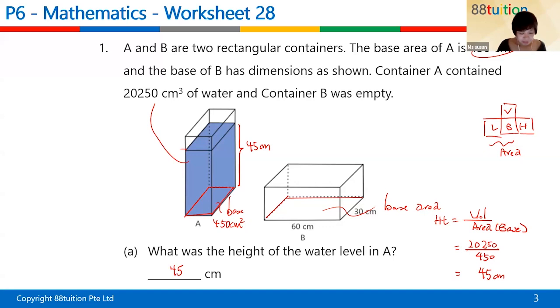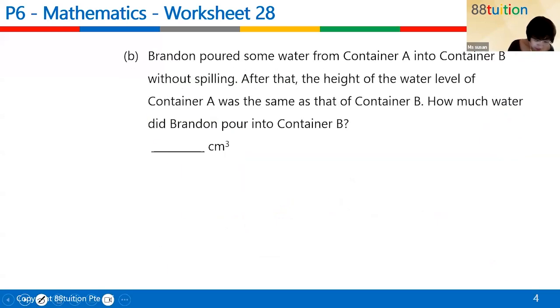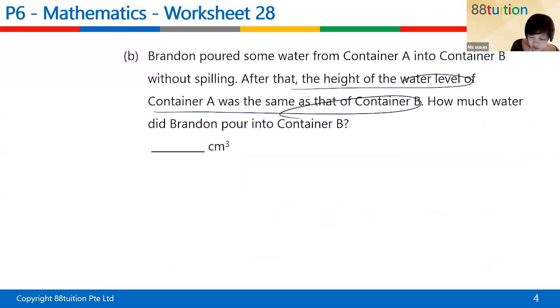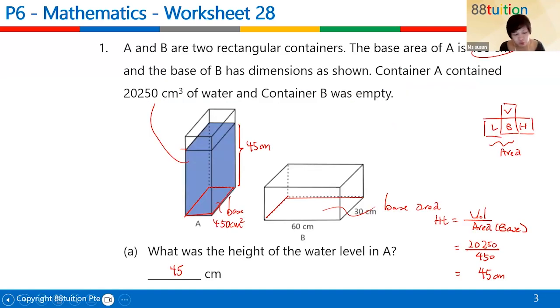Okay. Let's take a look at part B, what they want. He pours some water into container B without spilling, and now the height is the same. So that means they must have the same volume. The keyword is same. He wants to ask how much water is being poured inside. Whatever you have here is going to be poured inside without spilling, and they become the same height.